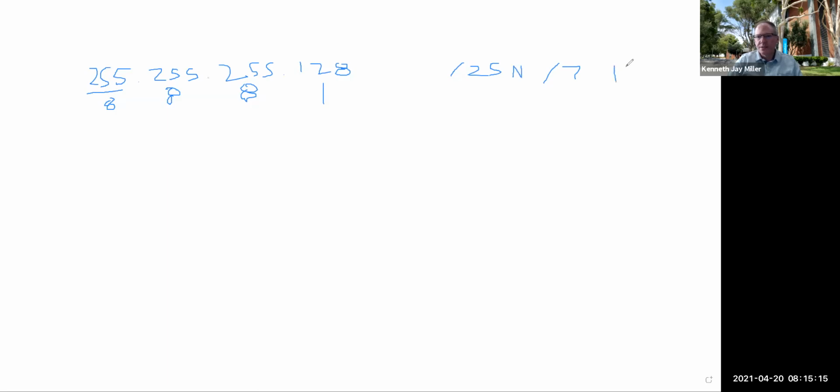The host bits are 7. So if we have 7 host bits, 2 to the 7th power equals 128, right? And for those of you that have had the networking class or taken it, this probably makes some sense to you. If it didn't, you could have done some quick research and found this.